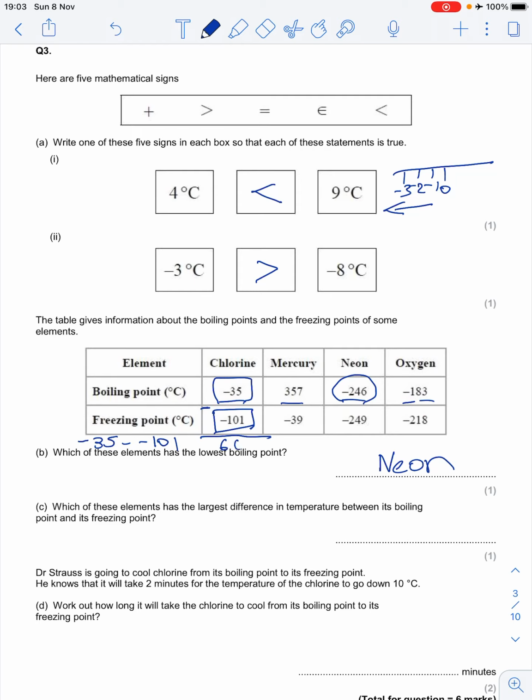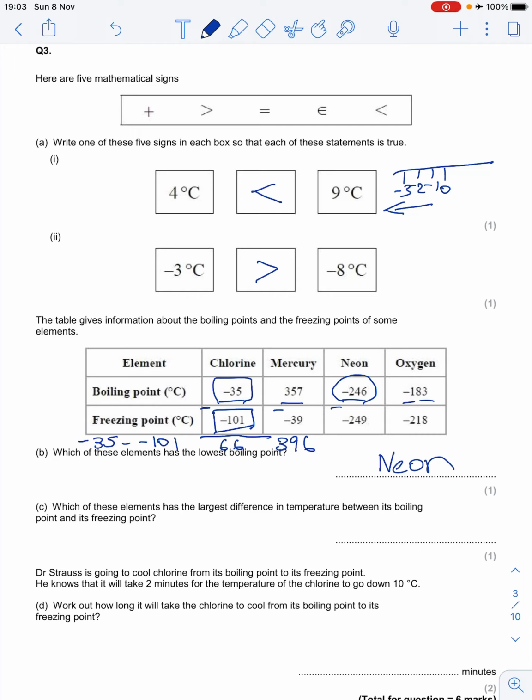We have 66. We do the same thing here, 357 subtract minus 39. We have 396.